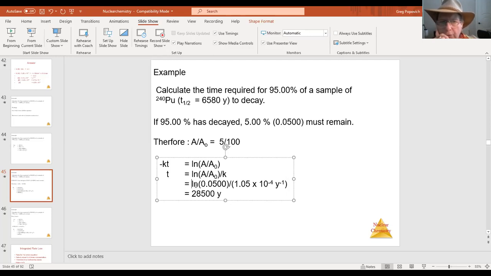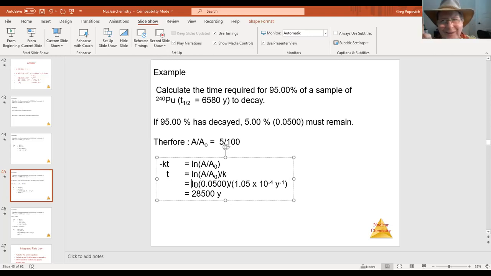Is this a reasonable number? Let's think about it. If I have one half-life, what's the percentage of particles I have left? 50%. Okay, 2 half-lives? 25%. 3 half-lives? 12.5%.